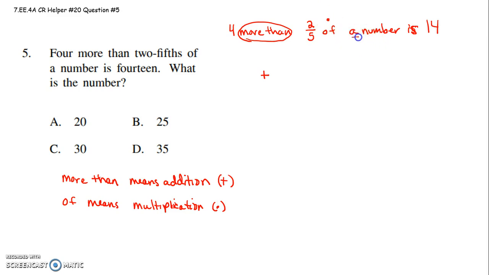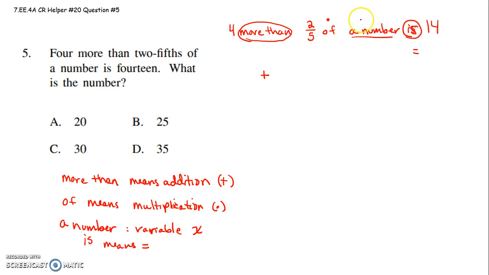When you see the words a number, that gets translated as a variable, which means you could use X. When you see the word is, that means equals.